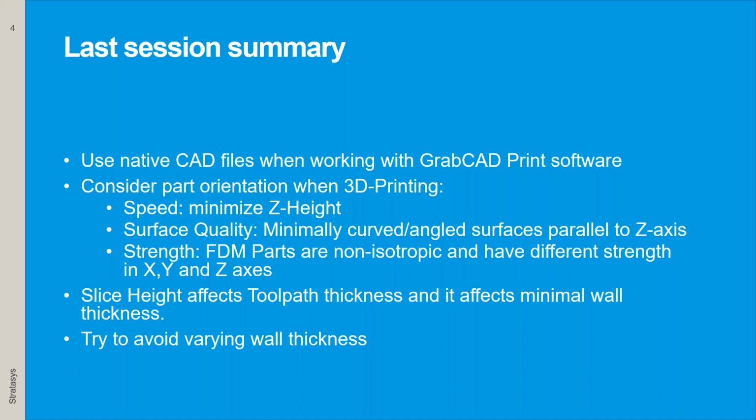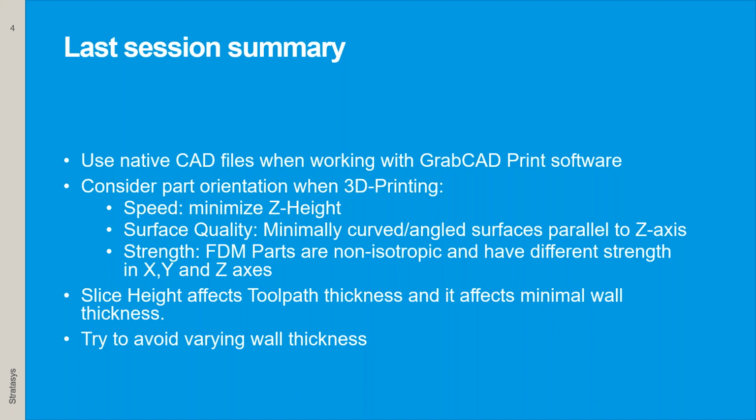Also, we talked about part orientation when 3D printing, and we mainly talked about 3 things: speed, surface quality, and strength. So for speed, we said, let's try to minimize Z height to make it as fast as possible, but also try to minimize the support material for speed and cost reasons, obviously.